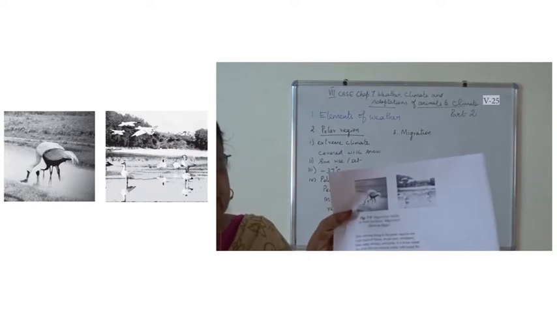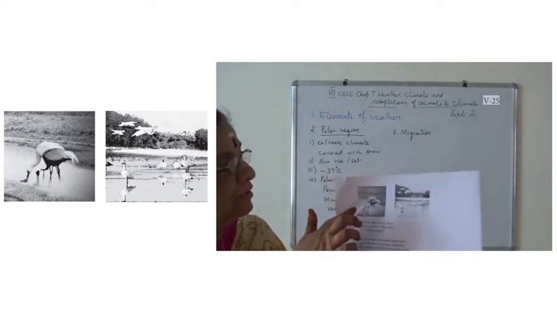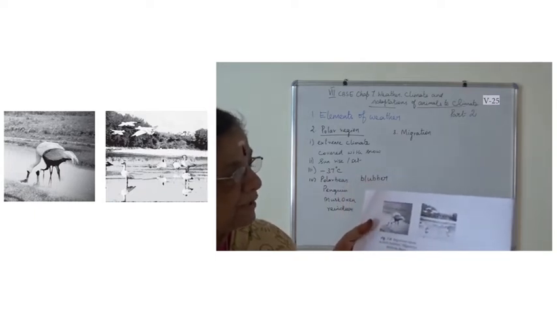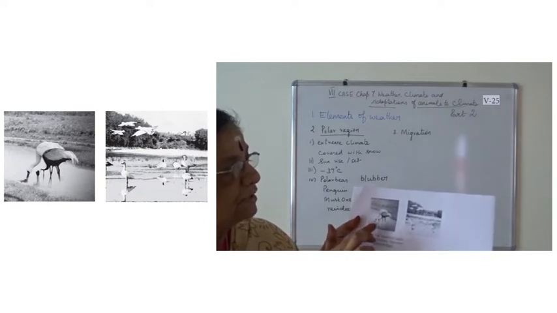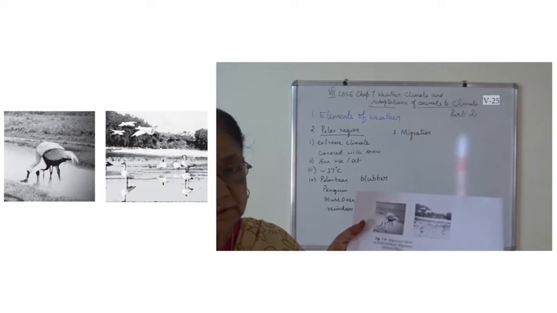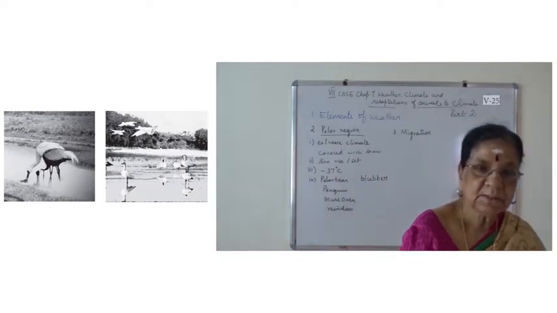This is a migratory bird, a crane. The migratory bird is first in its habitat. What is the habitat? Water.